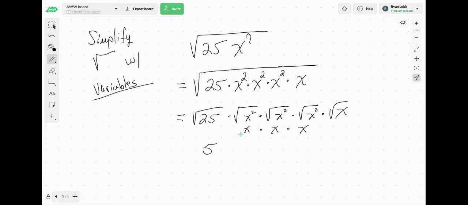So essentially what I have here is x cubed, and then what's left is the square root of x. So there's that one simplified. And it's not the only option, but that's one way to do it.